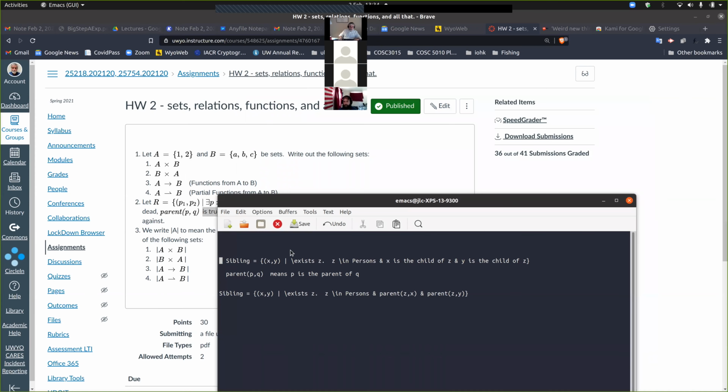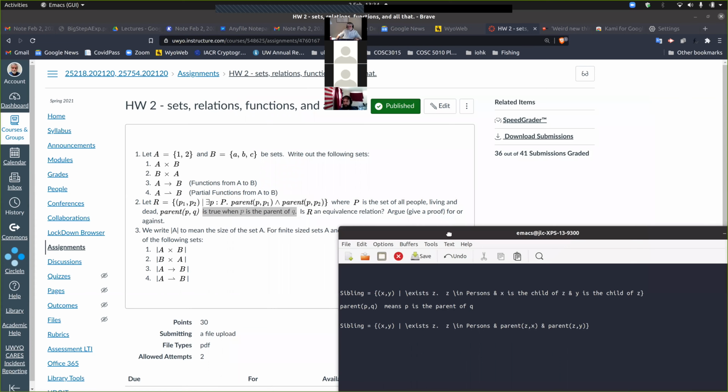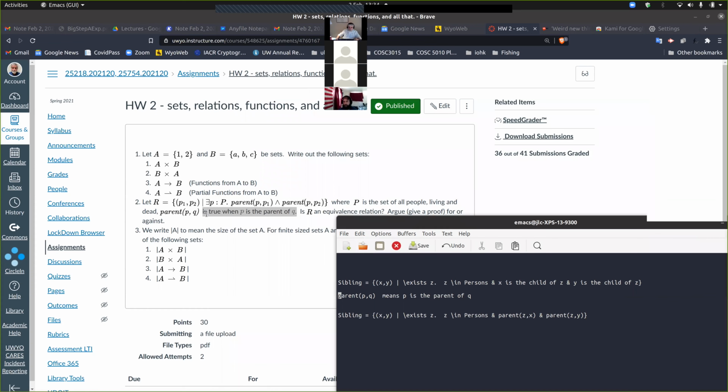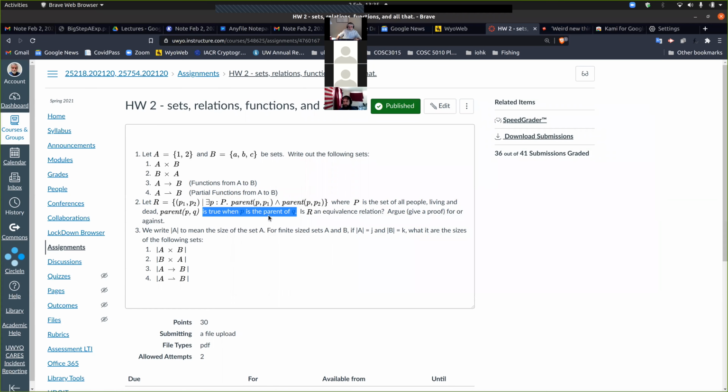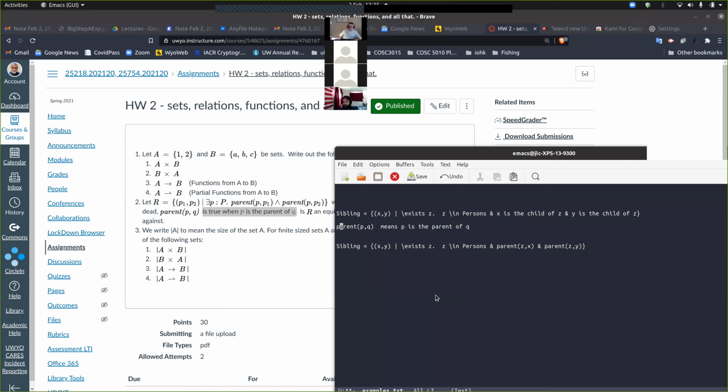But I mean, it's a misreading. I think the information in the problem is all there. Because I defined parent to mean P is the parent of Q. So this means P1 and P2 have a shared parent. Now, if you could flip the meaning around, but I didn't write it that way.